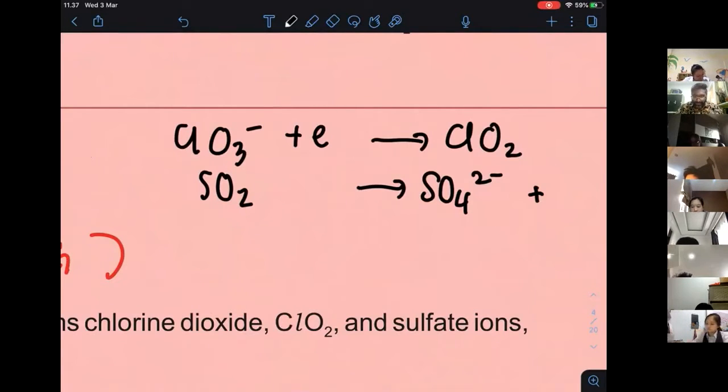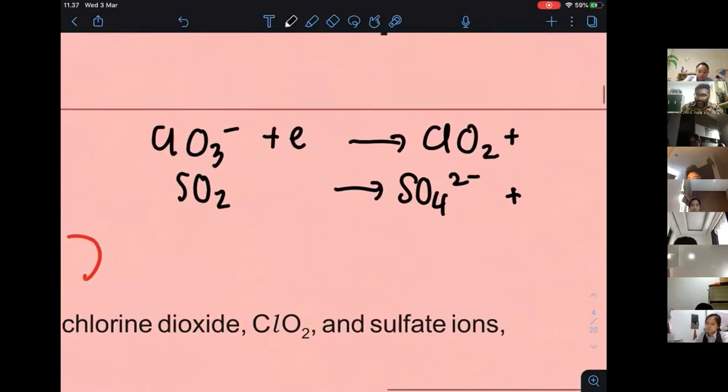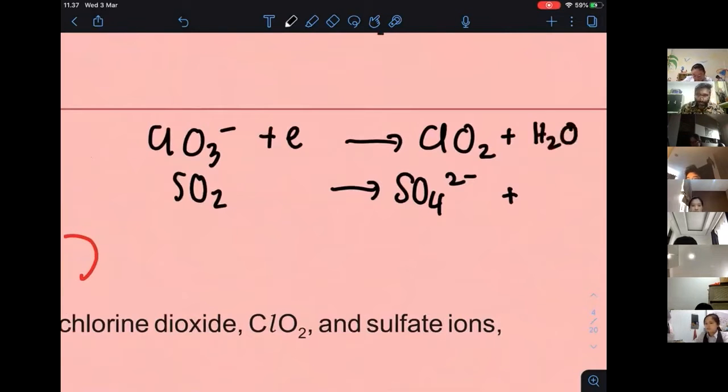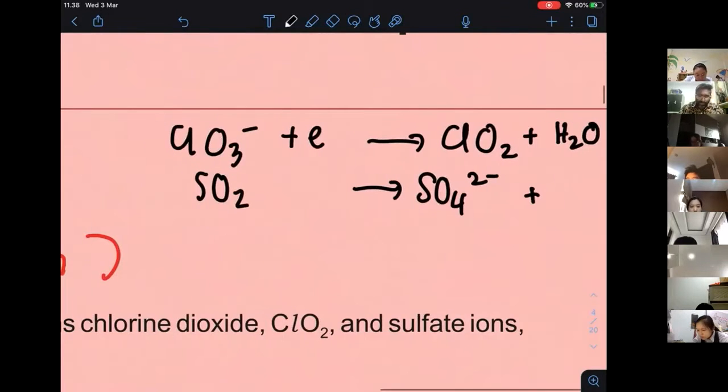Because you can see the ClO3-, and then you have ClO2, so there is one more oxygen that is missing. So you include that oxygen in the form of water. And when you include that in the form of water, then you include H+, and then you try to balance this up.